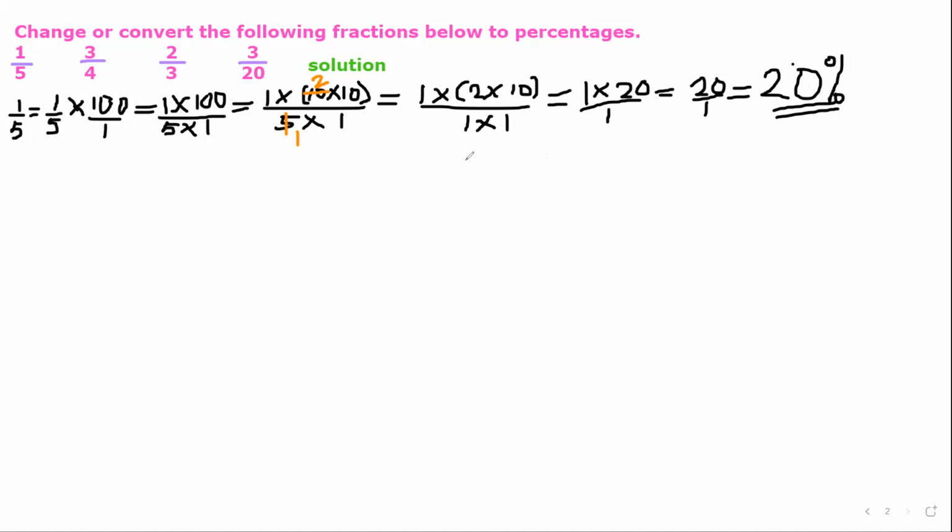Okay, good. Now when you take the other one here, we have 3/4. Okay, good. And we said always multiply the entire fraction by 100 when you are changing a fraction to a percentage. So we have the 3/4.